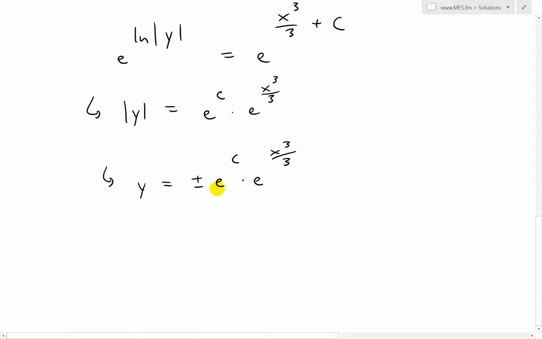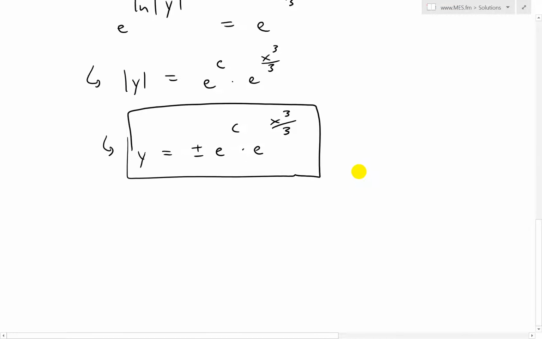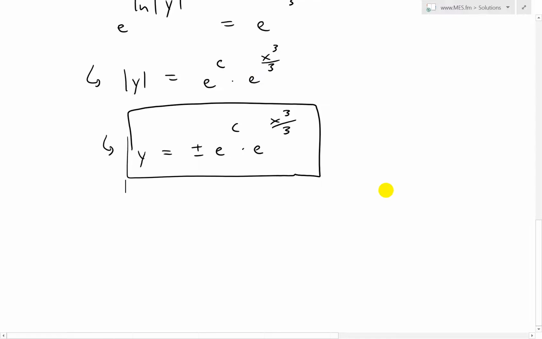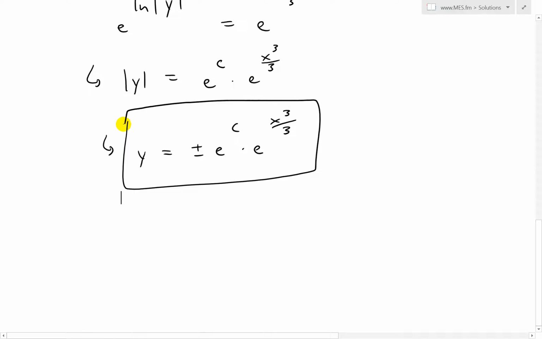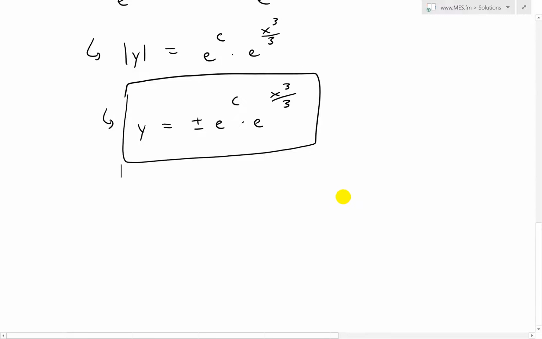It's plus or minus because, because of this absolute value sign, if y was negative, the absolute value would make it positive. So this is our solution, and again, this is for y not equal to 0.